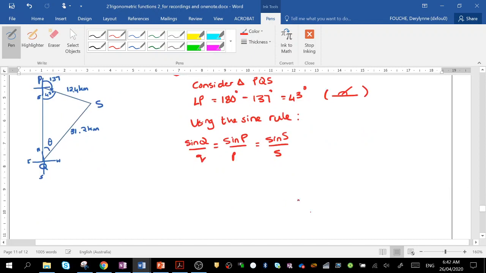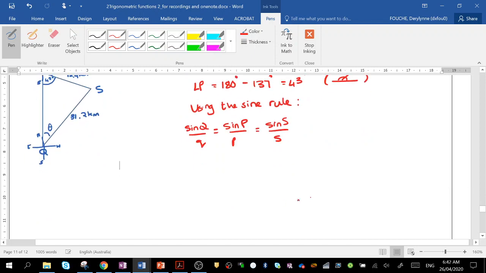And we're interested in Q and P, so we're going to say that sine of theta over 12.4 is going to be equal to sine of 43 over 31.2.